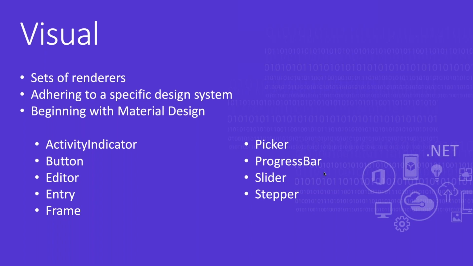At the Xamarin.Forms level, we have controls, right? You've got stack layout, and all the layouts really are managed in the Forms layer. But then you get into the actual controls like your buttons, your editors, your entries, pickers, labels, progress, all the things that are on the screen here, plus more.